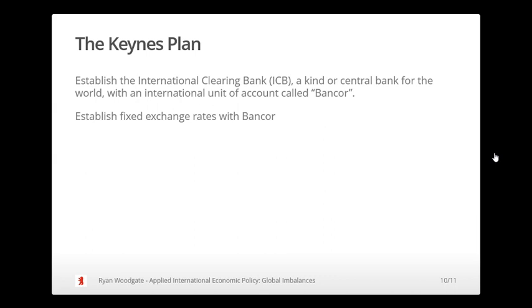Okay, within the ICB, then you would establish fixed exchange rates with the Bancor. So between every particular member nation currency and the Bancor, you would have a fixed exchange rate. Why fixed? Well, this is typical of Keynesian thinking.